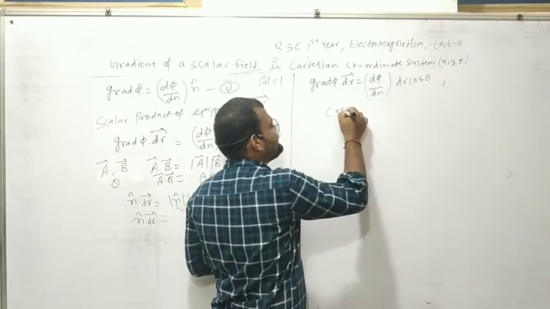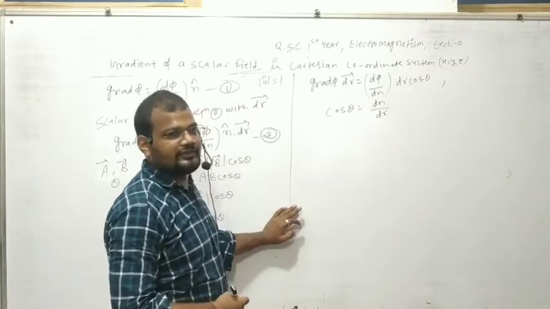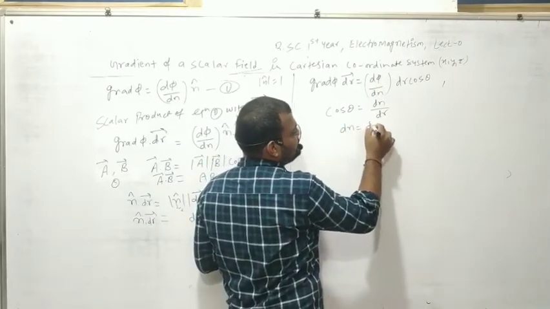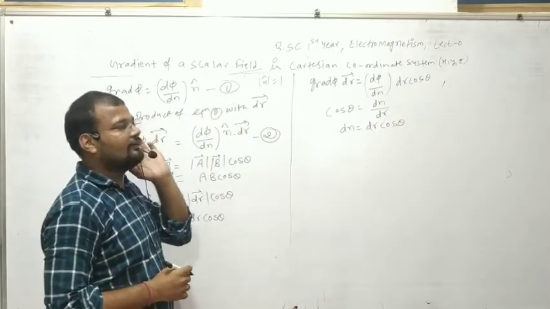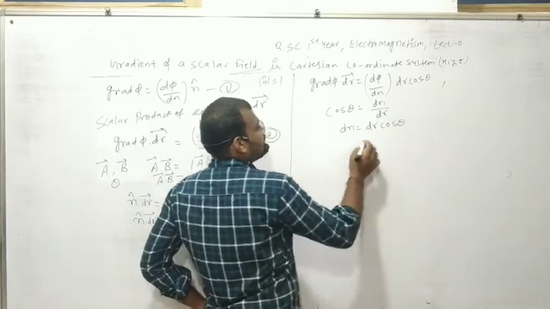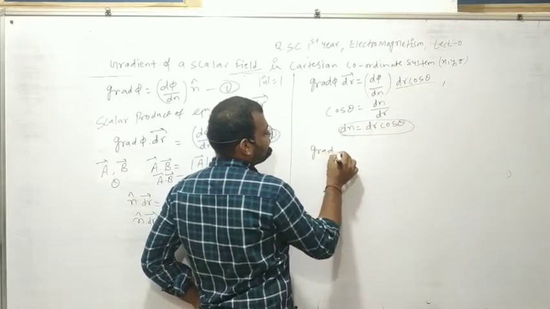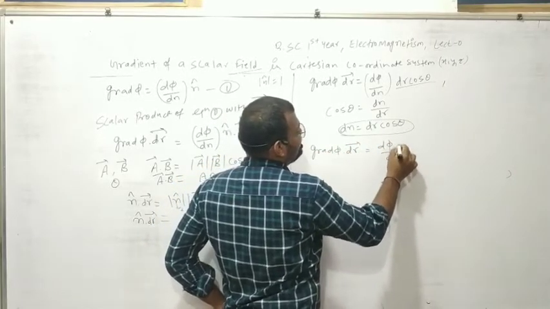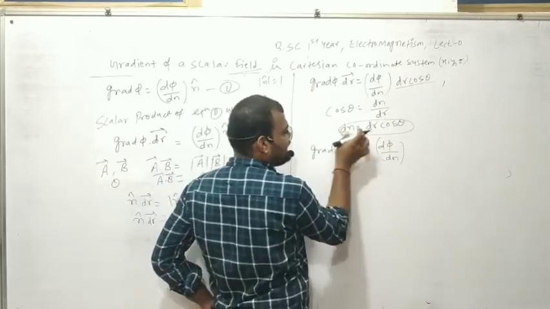You saw cos theta equal to dn over dr, or dn equal to dr cos theta. Remember the triangle PQR; you wrote the equation for cos theta. So gradient phi dot dr vector will be d phi over dn into dr cos theta. Instead of dr cos theta, we can write dn.